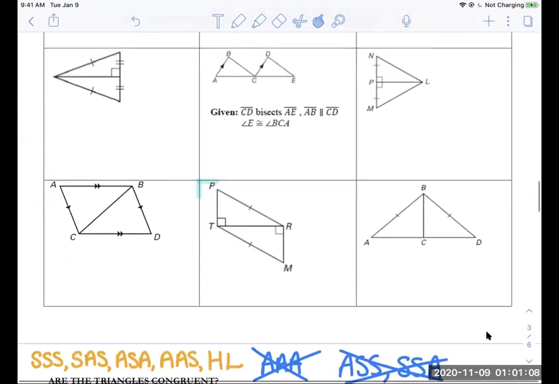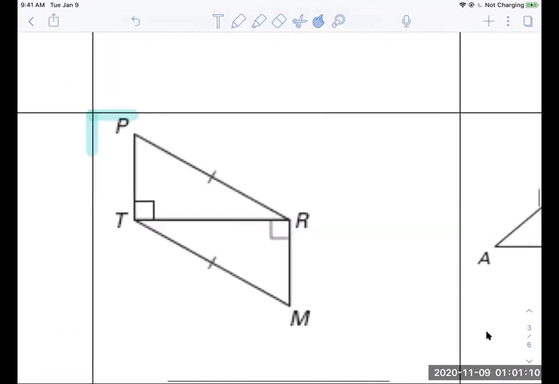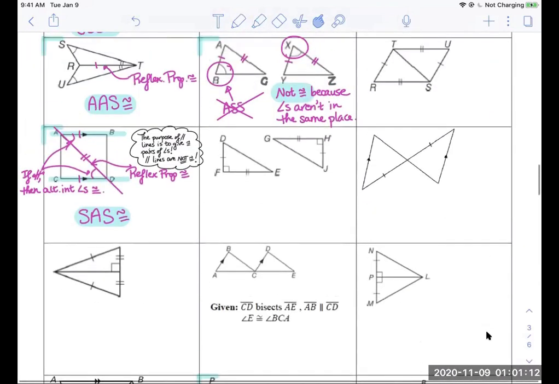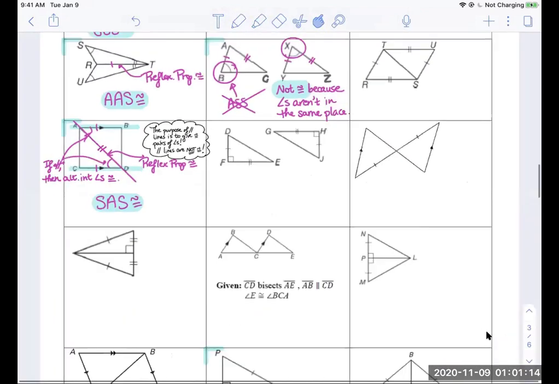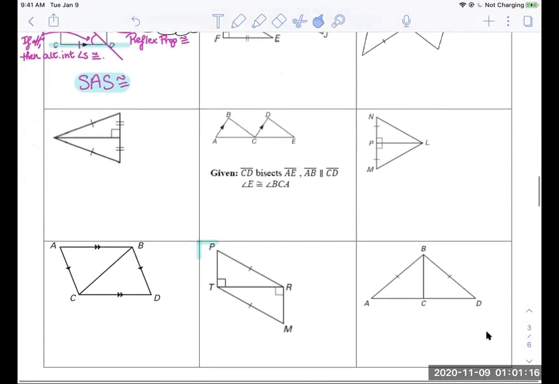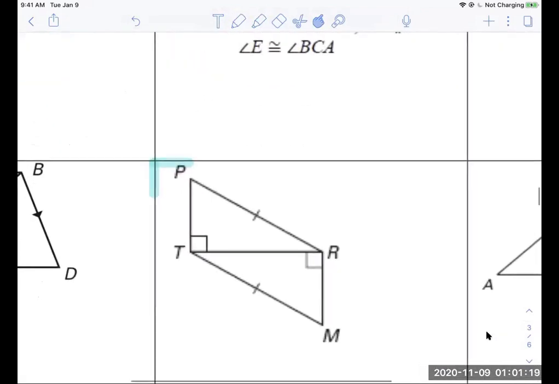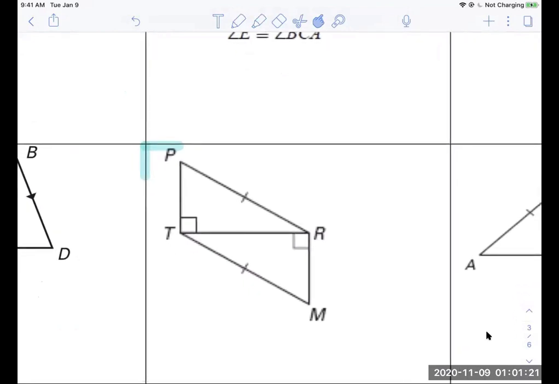And then lastly, we're going to jump down to the middle of the bottom row. Okay, and I want you to notice on this one, these are right angles. And so we can use those as congruent angles because all right angles are congruent.